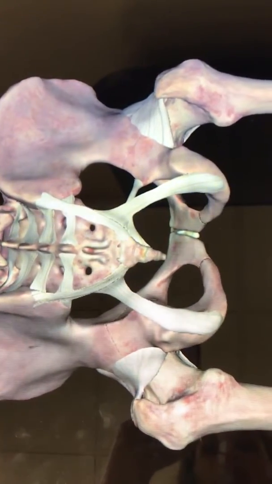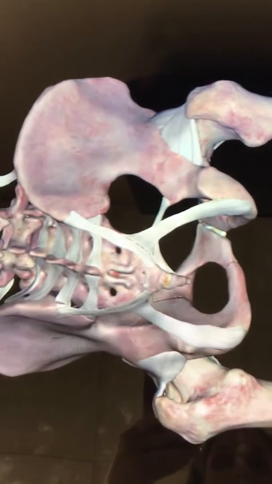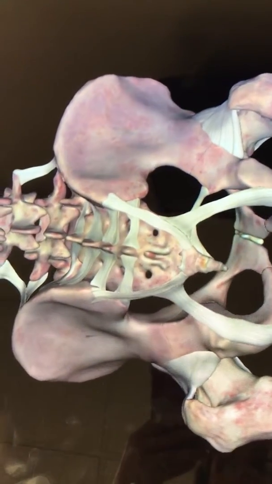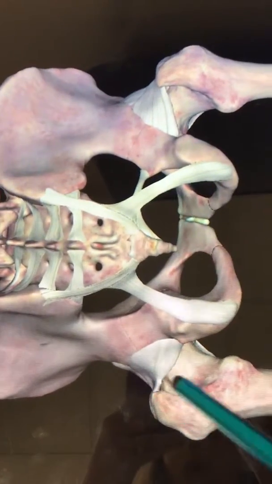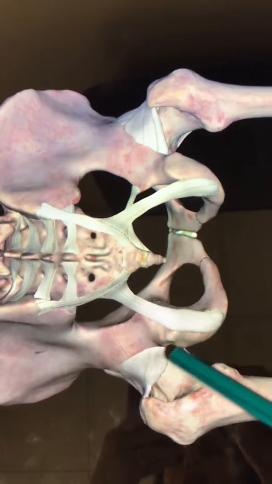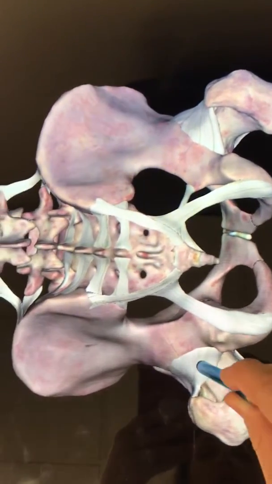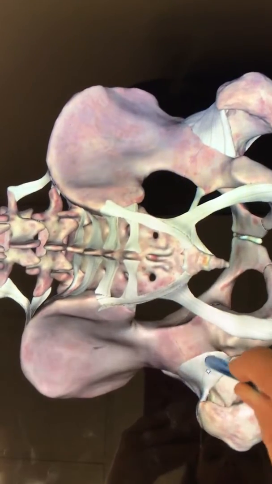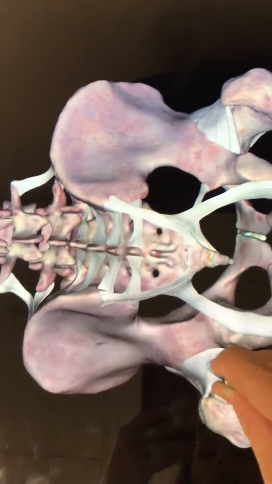From this view, let's move on down to the femoral acetabular joint. Okay. So here we have a ligament that connects the femur to the ischial portion of the pelvis. It's being stubborn here.